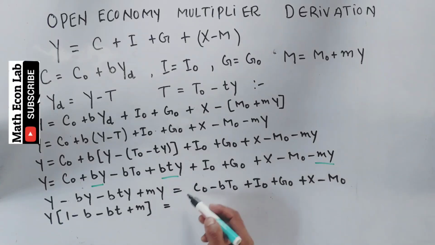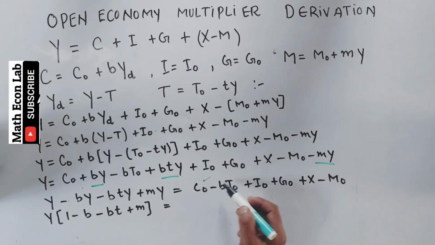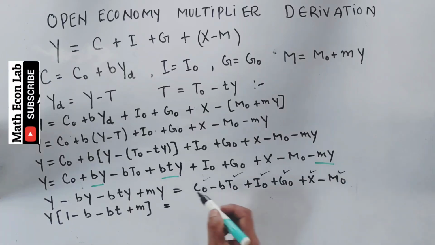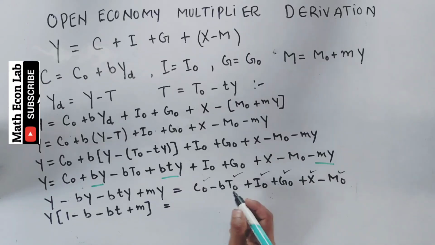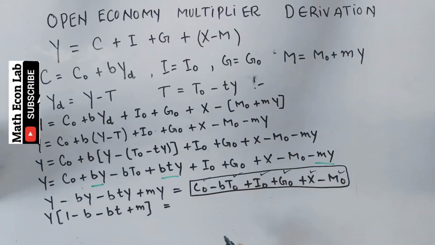These are all the autonomous expenditures here. In this place, let's write E. So E denotes this autonomous expenditure here.